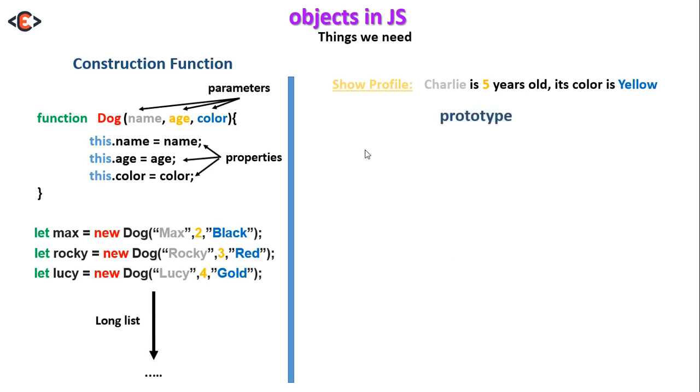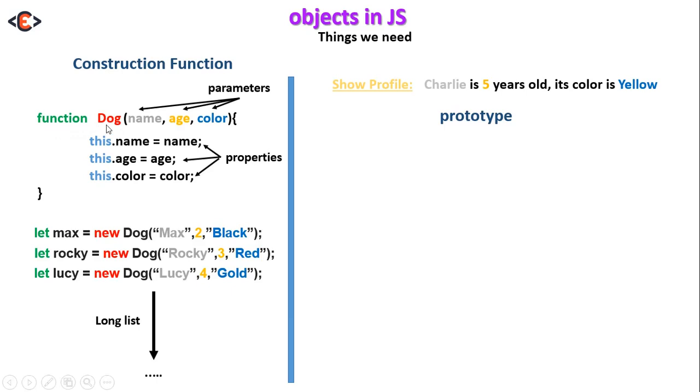What is a prototype? A prototype is just an object. An object has properties and methods. Let's say function here. A function in JavaScript is an object, meaning this function has properties and methods.